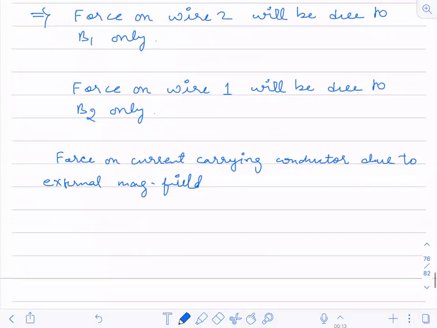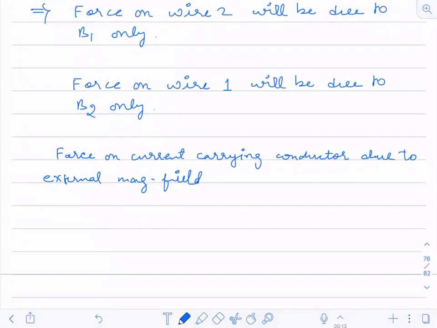Okay. So how do I write the force now? What is the force value? Force is written as BIL sine of theta. The force is written as I, L vector cross B vector. This is how the force is given.